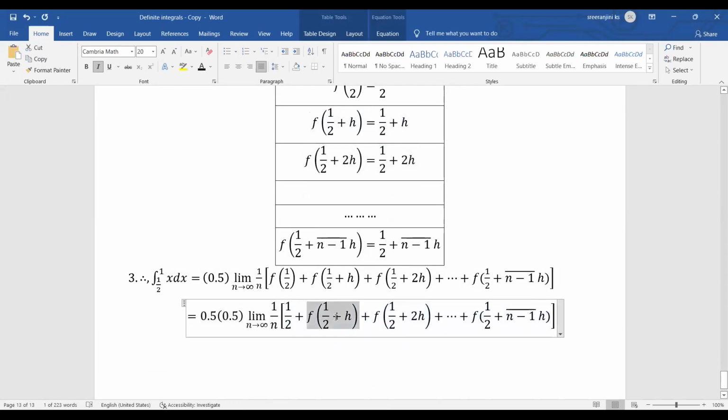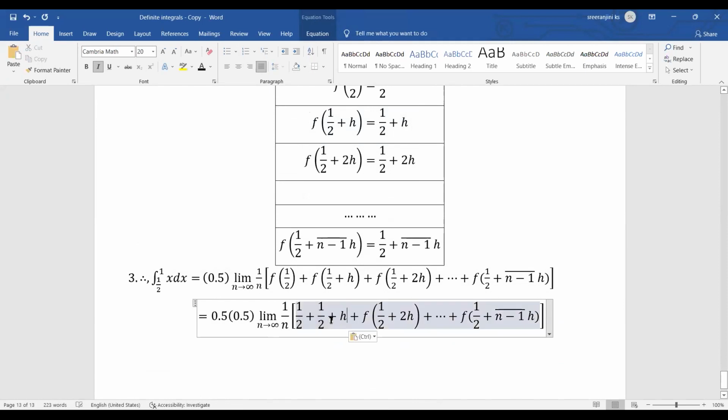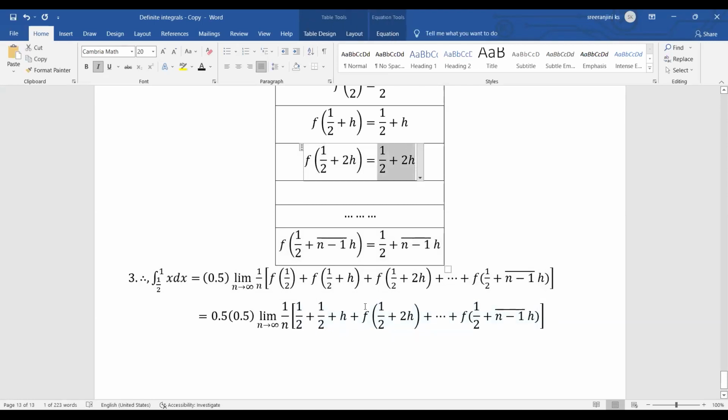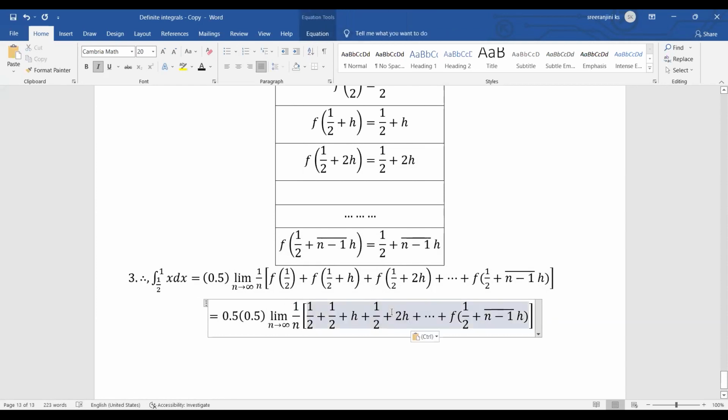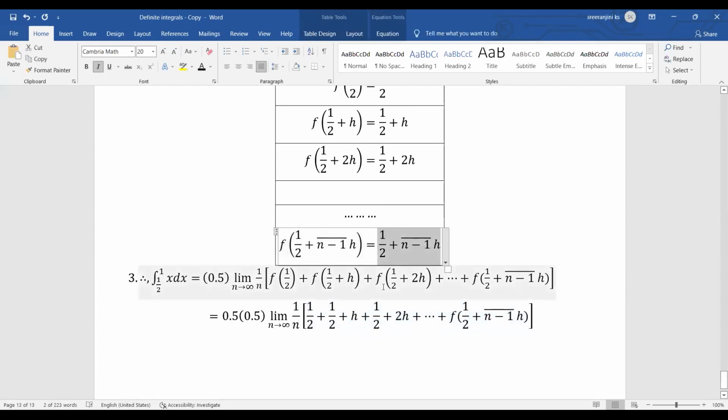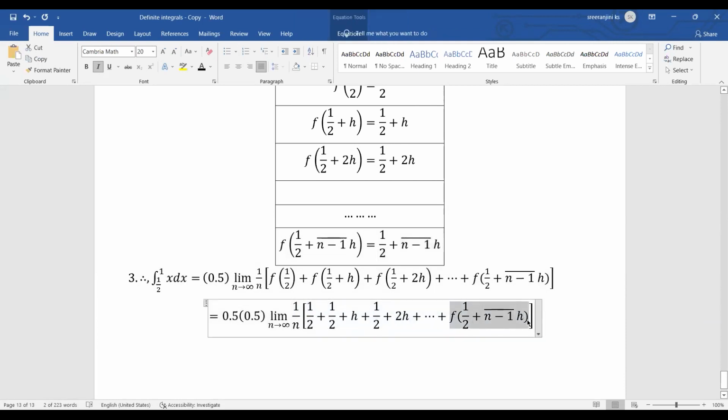Similarly, f of 1/2 plus 2h is 1/2 plus 2h, etc. And finally, f of 1/2 plus n minus 1 h is equal to 1/2 plus n minus 1 h.